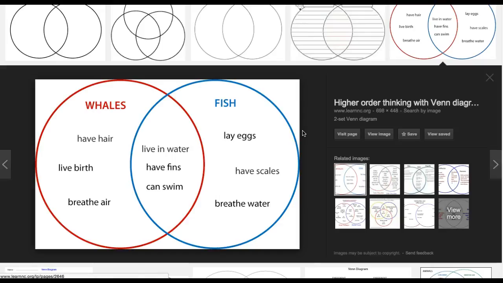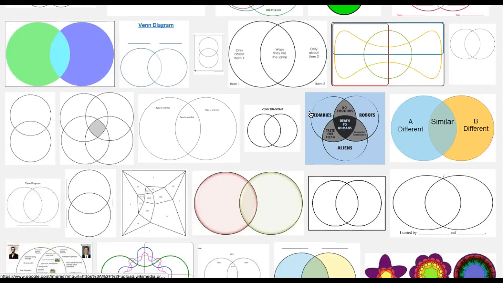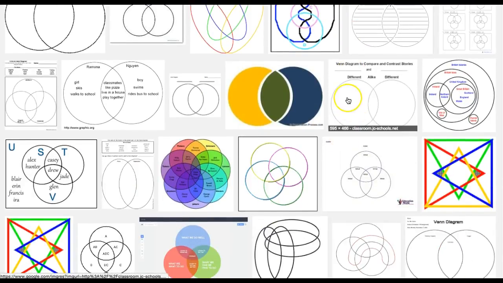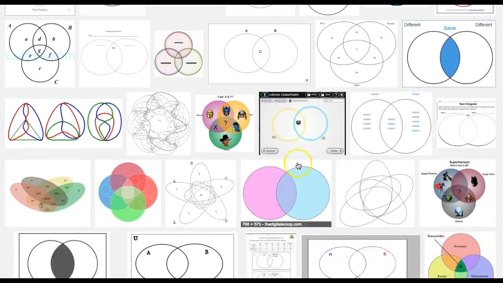It's like you have a set of whales and you have a set of fish, and you're going, okay, do they overlap? That's the area in here. Or maybe they don't overlap, right? I bet I could find a sample of 2 sets that are non-overlapping. It would just be like 2 circles that don't touch each other, where this middle region is empty.